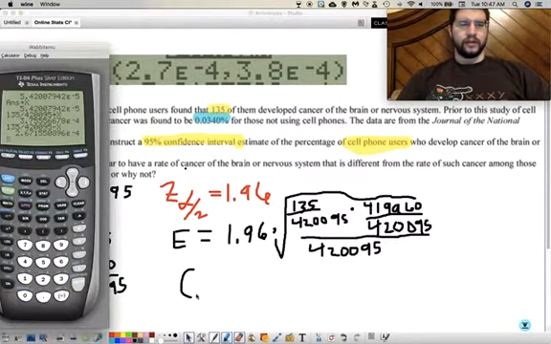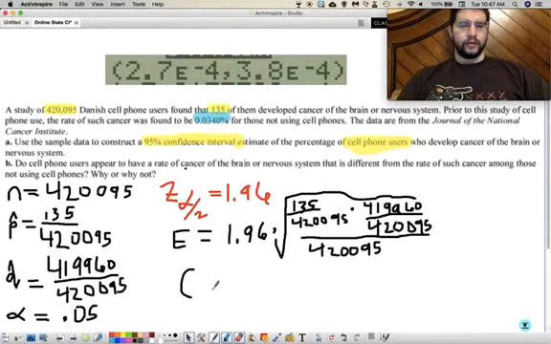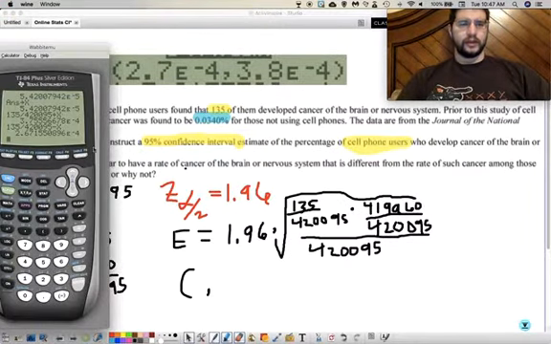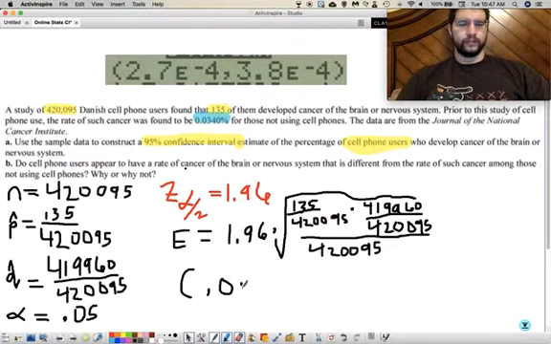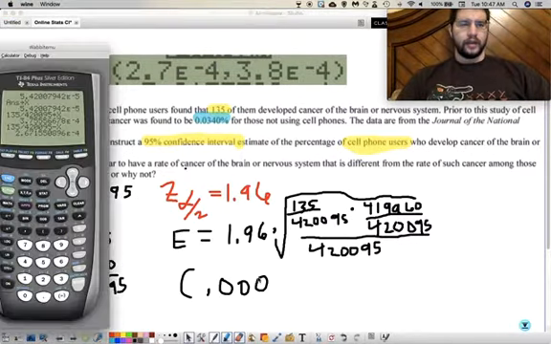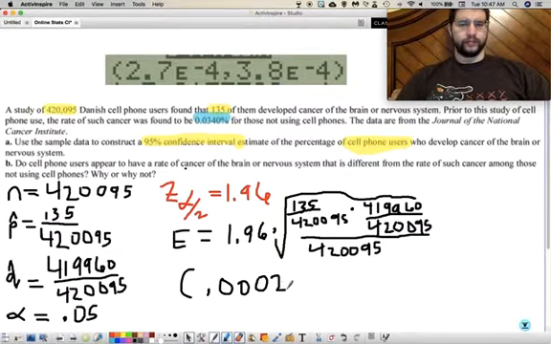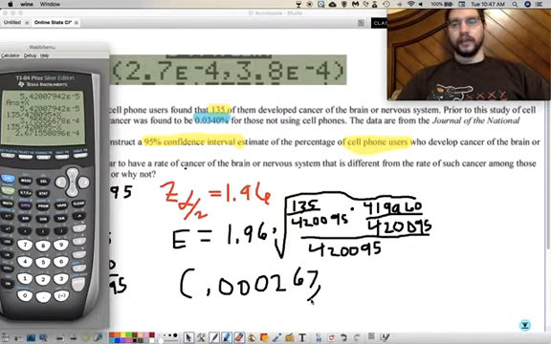So our margin of error here would be, let's see, it's E-4, so I'm going to go back with 3 zeros, then 267. And if you want to leave it in scientific notation, that's fine as well.